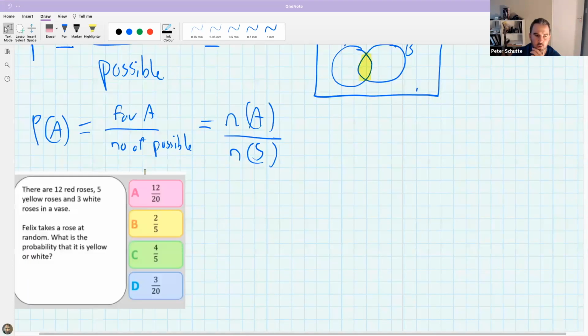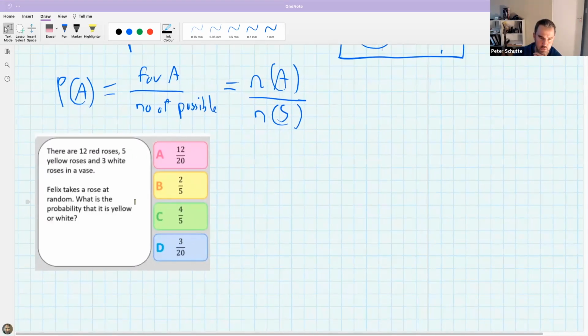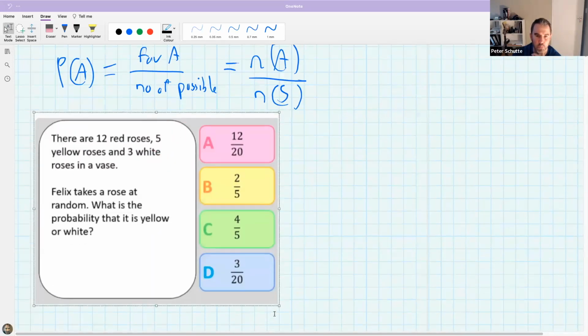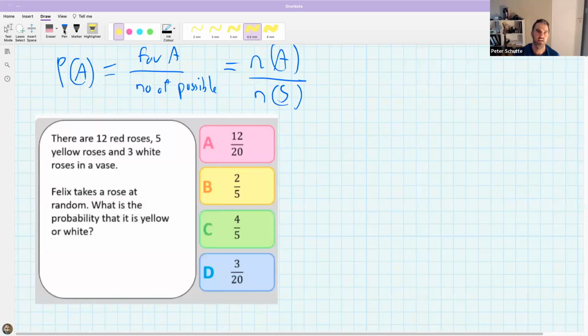Well, let's do a little warm-up to make sure we are familiar with this formula. Which of the four options do you think is correct for this question? It's a basic probability question. How many possible outcomes are there? How many favorable outcomes are there?